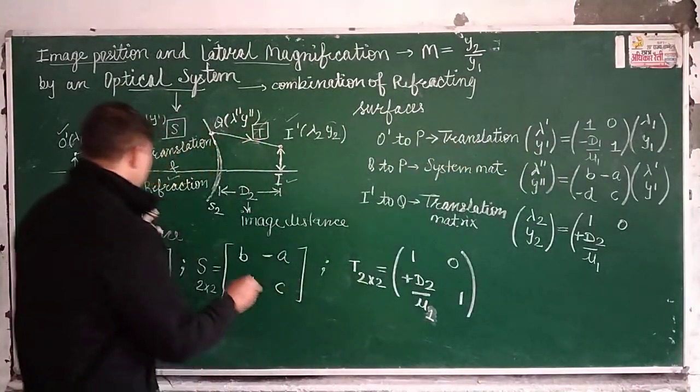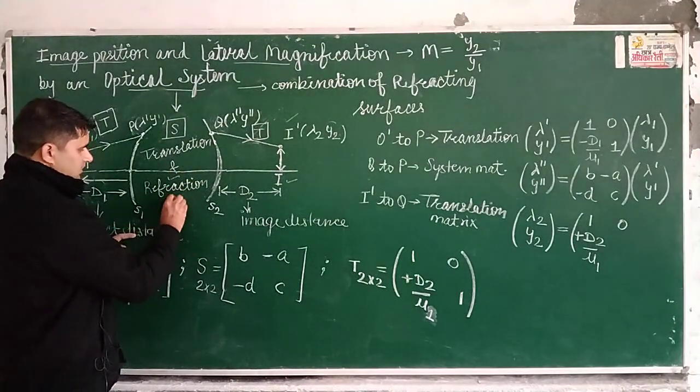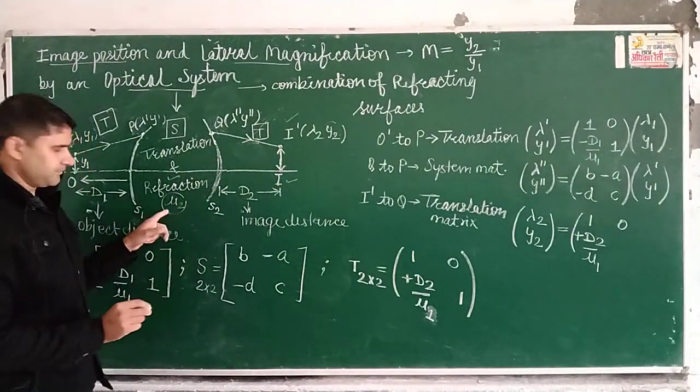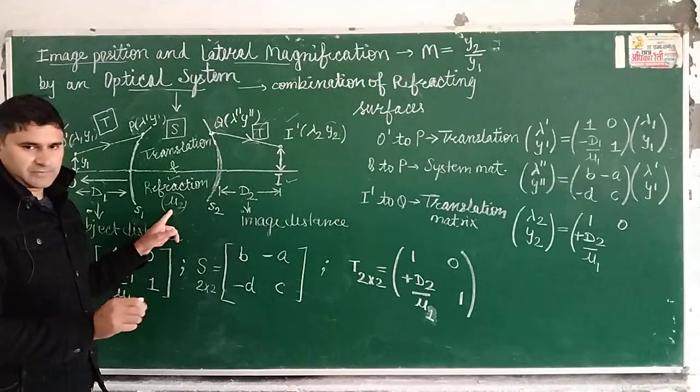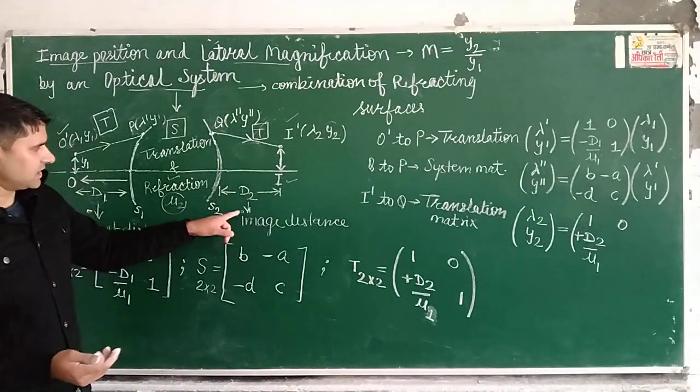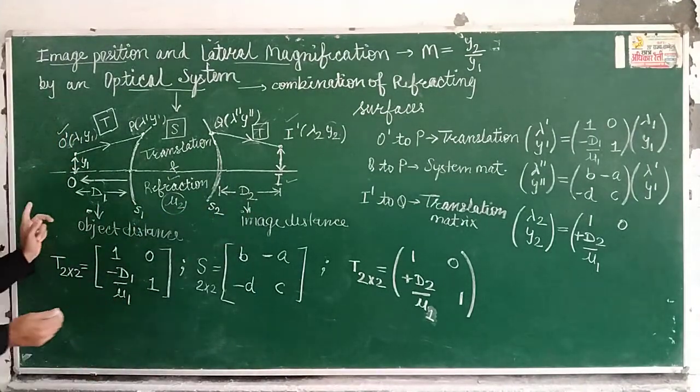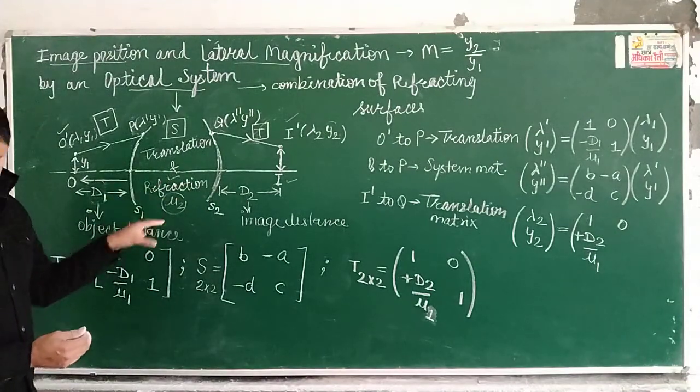Okay, so here we have assumed that this system is having refractive index mu2. That's why we are writing mu1 and mu2, we are differentiating it.